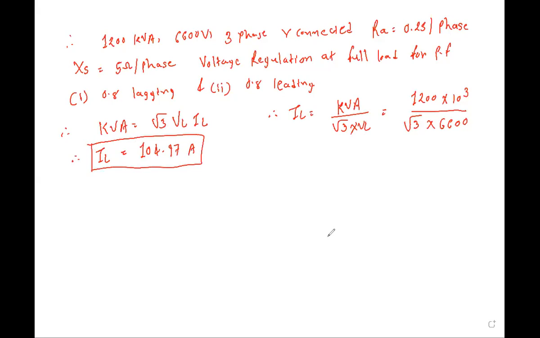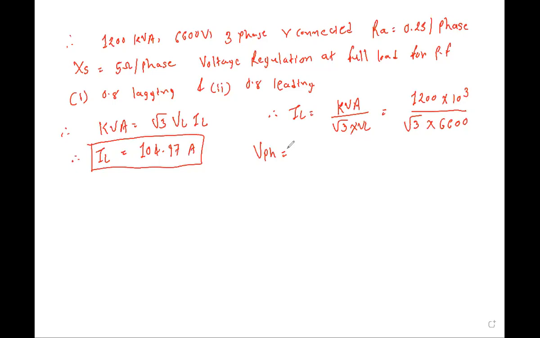Now we have to find the phase voltage, because it is required for finding voltage regulation. So VPH. Here I have star connection. What is the relation between phase voltage and line voltage for star connected? My line voltage is equal to √3 VPH.